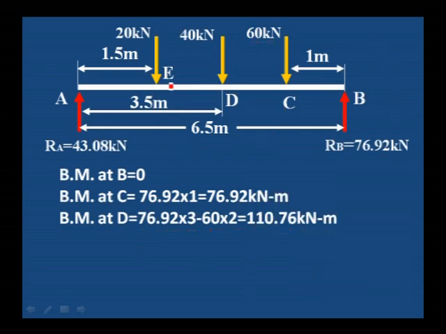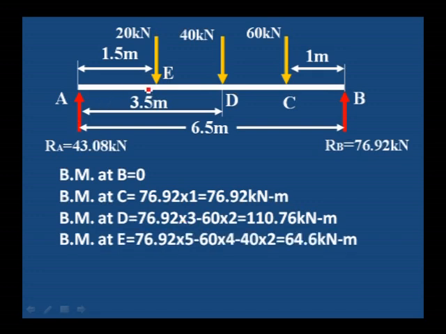Next, bending moment at E. Bending moment at E, you have to take the moment of all the forces on the right side of E, or you can take the moment of all the forces on the left side of E. First we will take from the right side. RB is 76.92 into distance between B to E. B to E distance is 6.5 minus 1.5, that is 5 meter. 76.92 into 5, this is anti-clockwise.